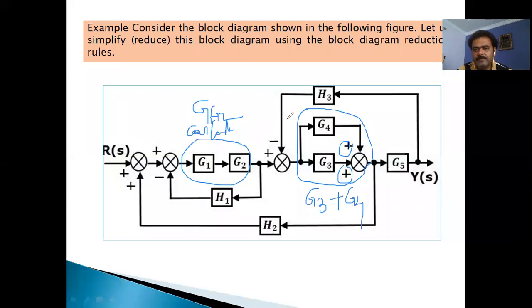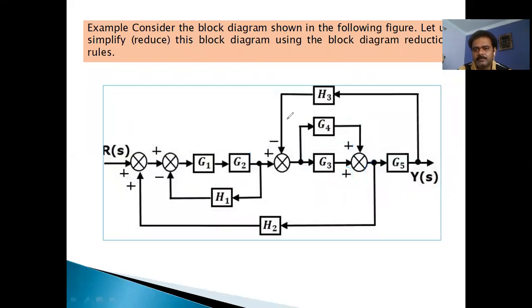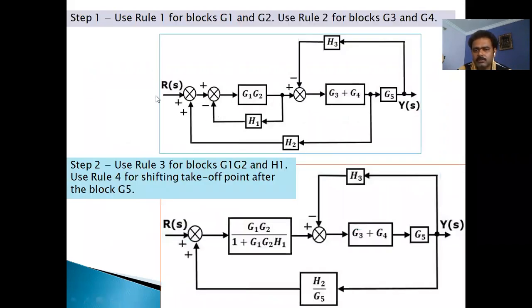Again we have to redraw the figure, so it takes a little bit of time, but try to note down this figure. I have replaced with G1 and G2. Here that is replaced with G3 plus G4. So note down this figure. We have to represent it like this.